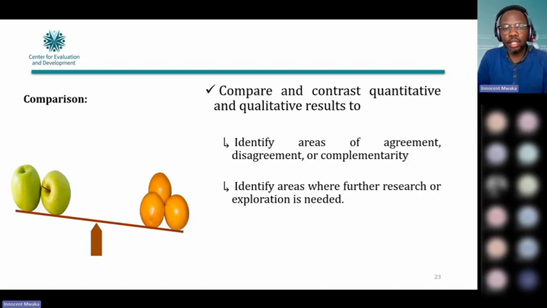Sometimes you get results for the same evaluation question that are different, and this is good for reflecting on your methods, and on whether something went wrong along the way in our design, or whether there are insights that we didn't think about before, and maybe recommending further exploration on those areas that are diverging, where there's no agreement.